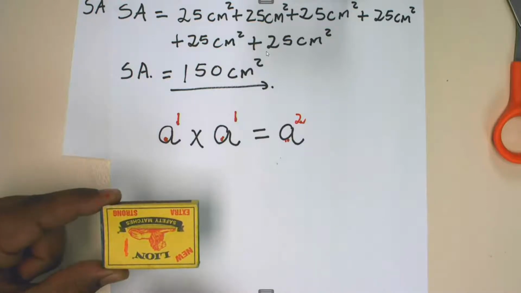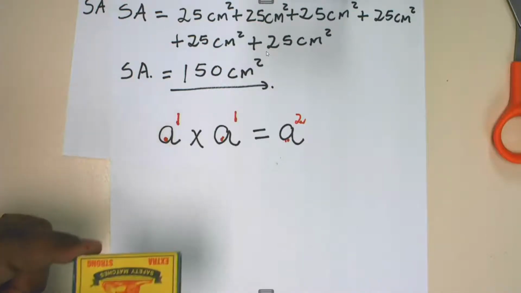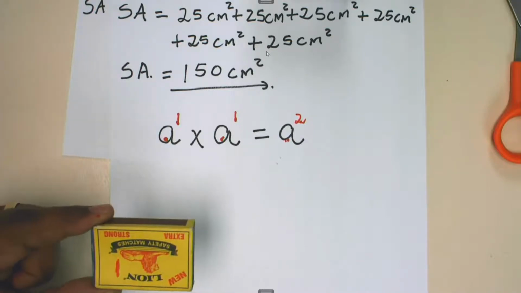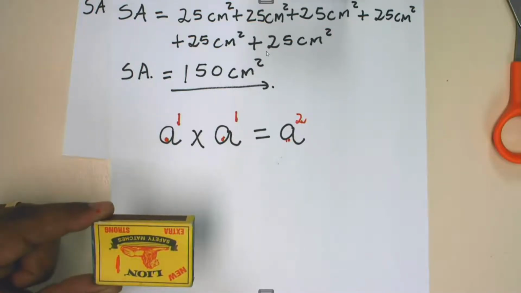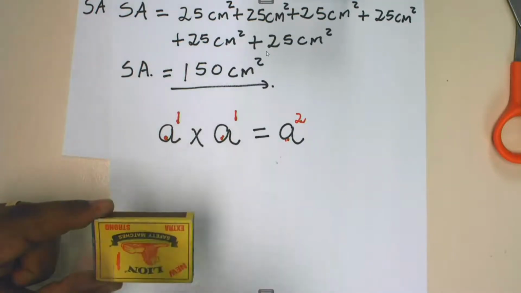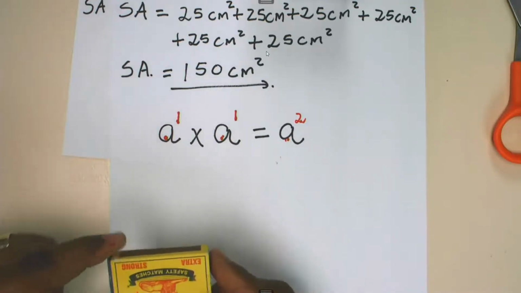Now, when we are talking about 2 pairs of opposite sides that are identical in this rectangular prism, it will be the top, which is the same as the bottom, the front and the back, the right and the left.